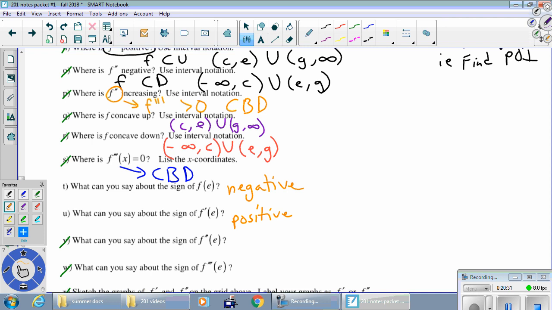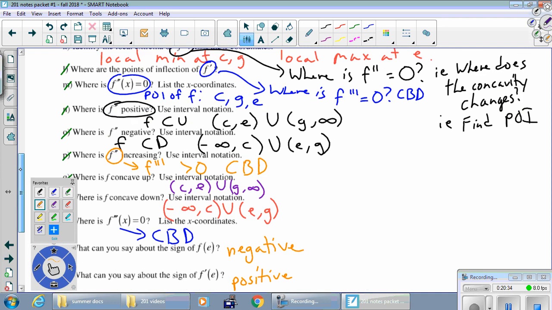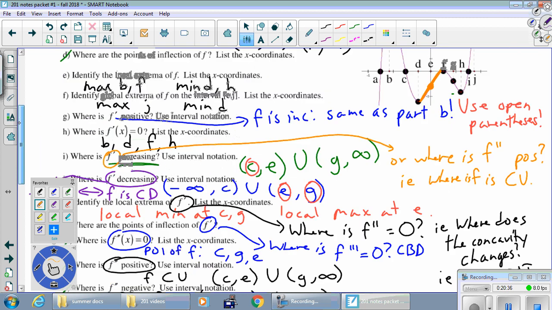Okay, f double prime of E, that has to do with concavity. So again, focused on this point right here at E, is the graph concave up there or concave down there? Well, it's hard to say actually, because it sure looks like point E is potentially a point of inflection. f is definitely concave up a little bit to the left and definitely concave down a little bit to the right.